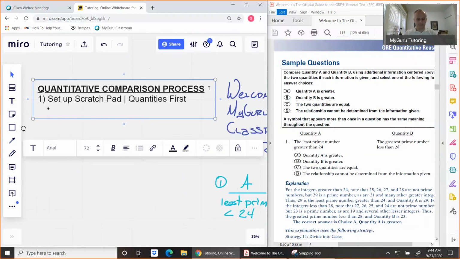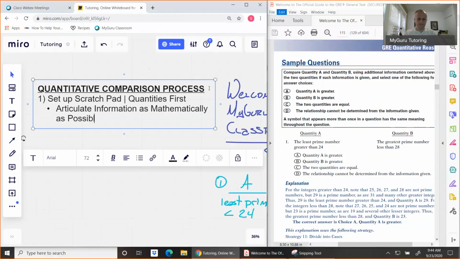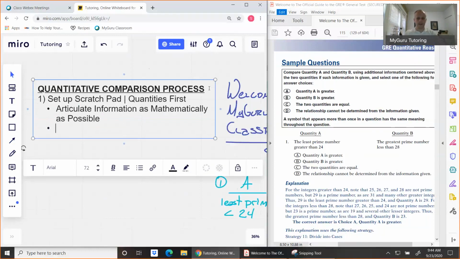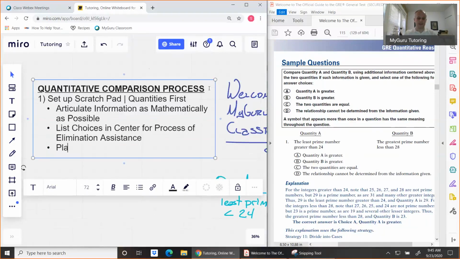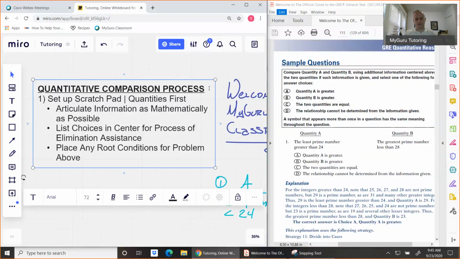And you can articulate the information as mathematically as possible. You can list the choices in the center for process of elimination assistance, like we just did, and you can place any conditions for the problem above the quantities and above the choices.